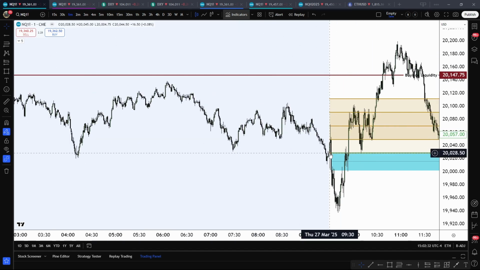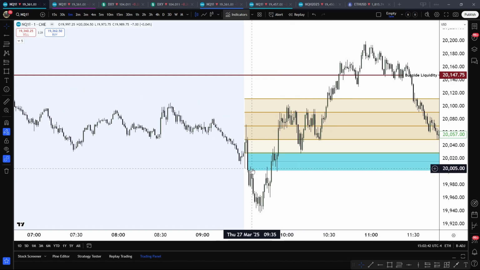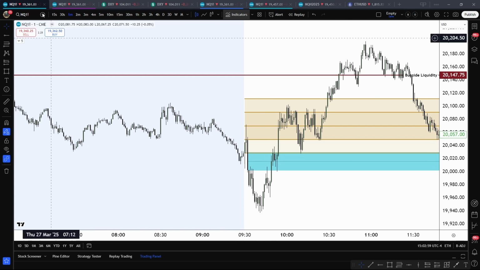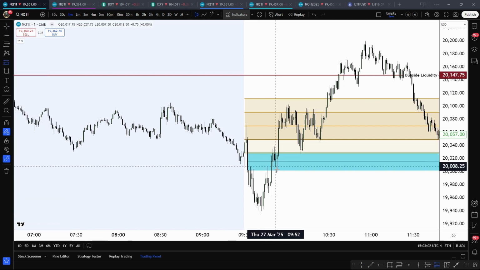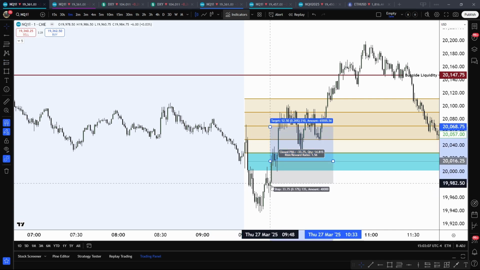So 9:30 we open, trade into consequent encroachment of the opening range gap. One minute after it, forming the sell side imbalance, buy side inefficiency over here. Traded one more time towards the sell side, traded up, rejected the first presentation, the SIBI, but formed a higher low, expansion up, accumulation inside the first presentation, consequent encroachment, and from there, don't take the low, but take the consequent encroachment, for example.